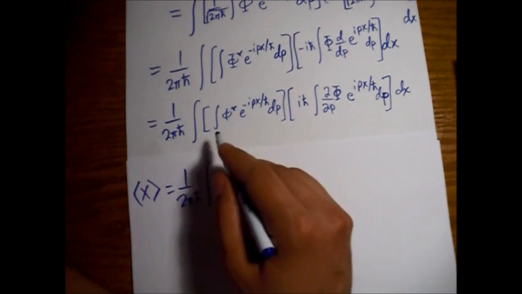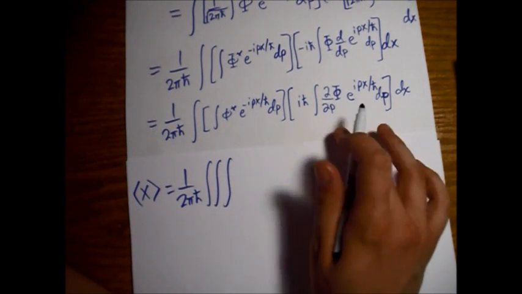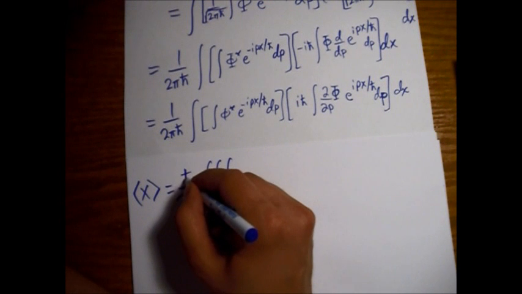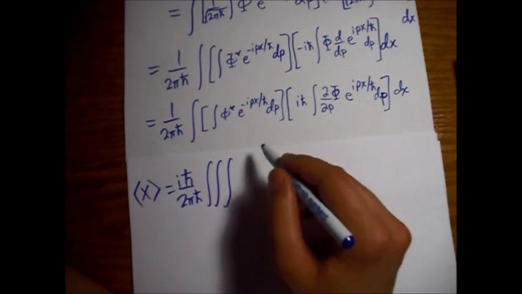It's going to get a little bit tricky here. So we're bringing all of our integration signs, and I'm going to bring this iħ out to the front as well.